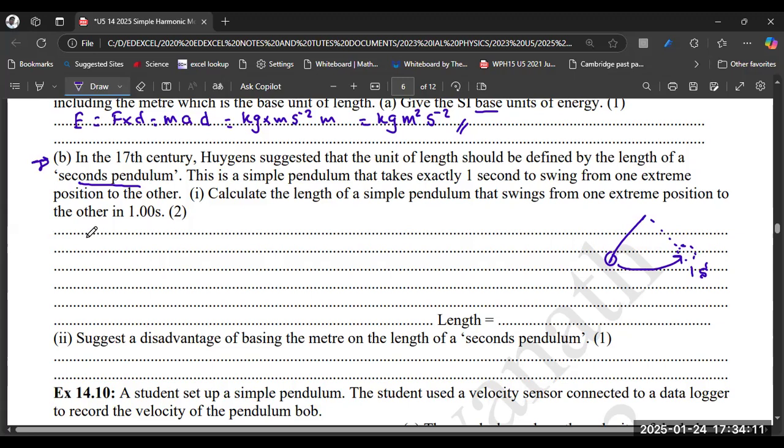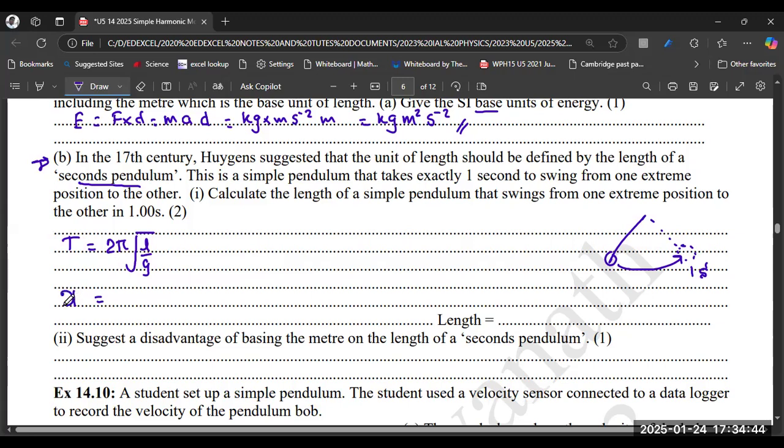So, what is the equation we have? T equals 2 pi square root L over g. Earlier it was m over k, now L over g. If it takes 1 second to travel from one extreme point to the other, then it has to come back again for one complete time period.